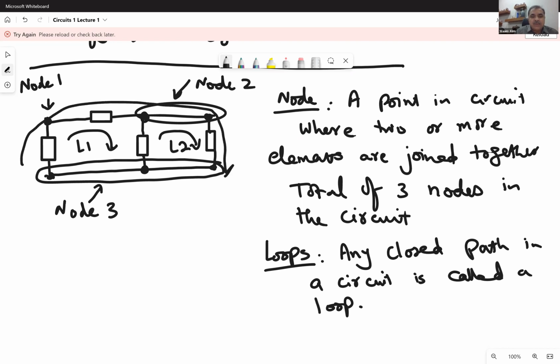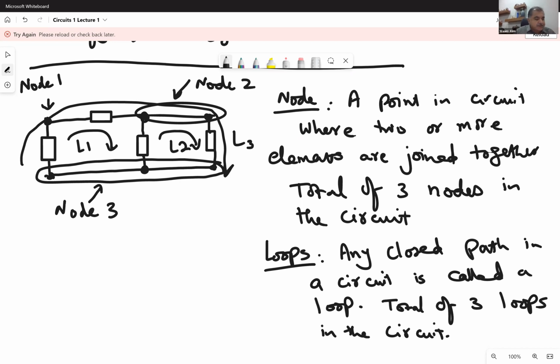So that could also be considered as loop 3. Okay, so we have a total of 3 loops in the circuit.